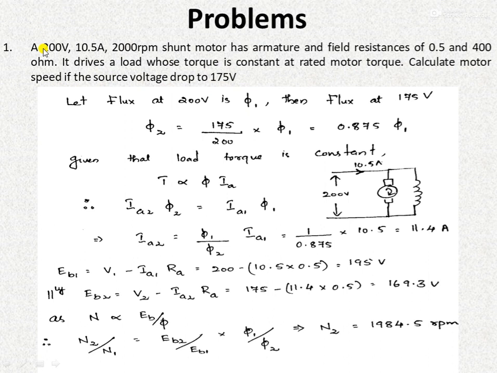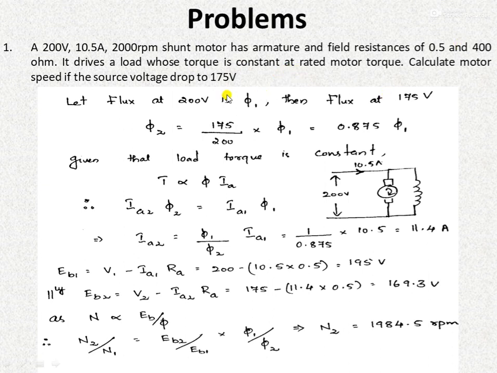Actual speed of the motor is 2000 rpm, and this speed is obtained when we provide this DC shunt motor with the rated voltage. Now you are asked to find the speed of the motor when you are reducing the supply voltage to 175 volt, keeping the load torque constant.